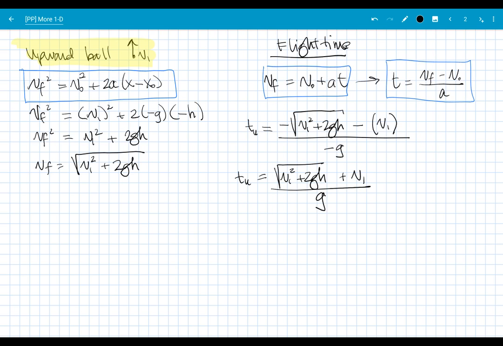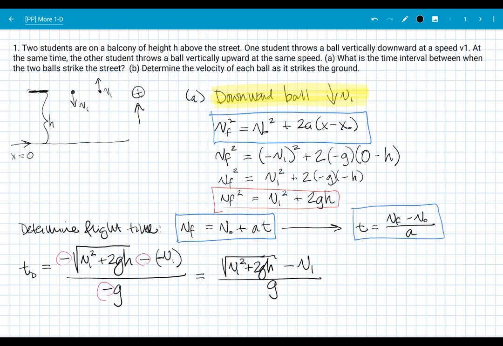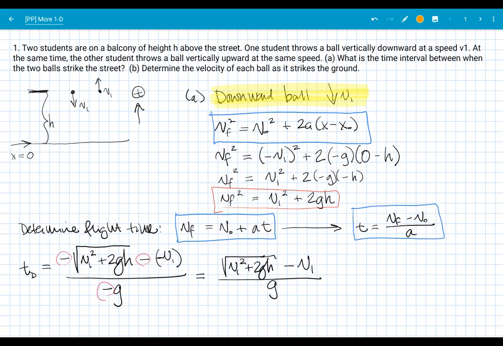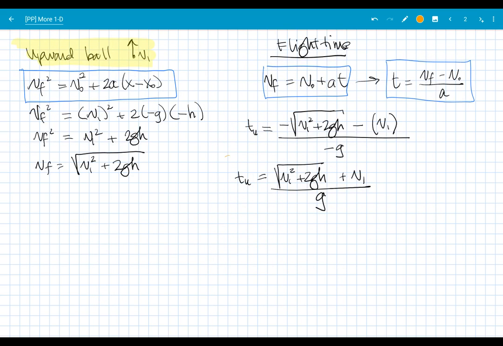Let's go back just a second and remind ourselves what we ended up with for this particular problem. I'll use a different color. We ended up with this as our final expression for the time for the downward thrown ball. So notice this negative sign in here. Now, if I look at the upward thrown ball, this is our expression for time.